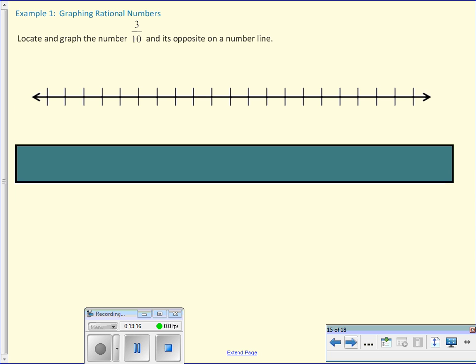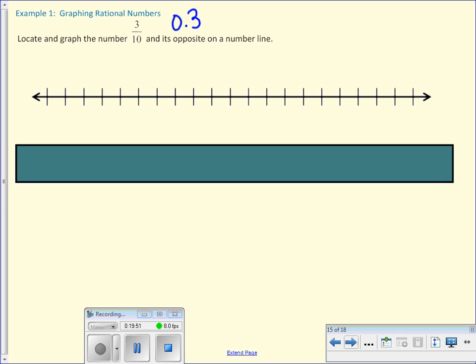Yes, because as a decimal, it's 0.3. It terminates, it ends, so 3/10. So if I wanted to locate and graph 3/10 and its opposite on the number line, 3/10 is between what whole numbers? 0 and 1. So what's the opposite of 3/10? Negative 3/10. So negative 3/10 would fall between what two whole numbers?